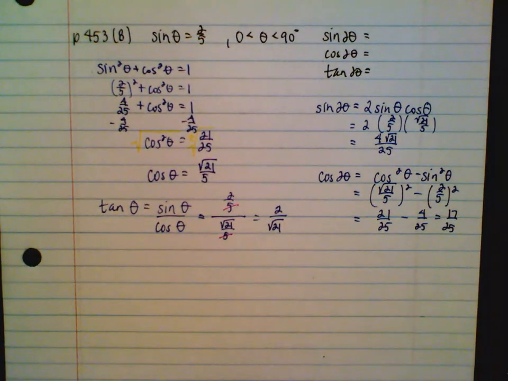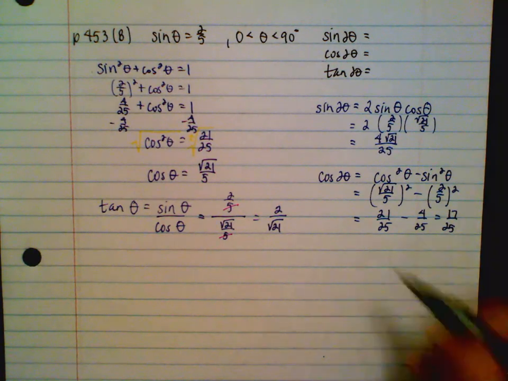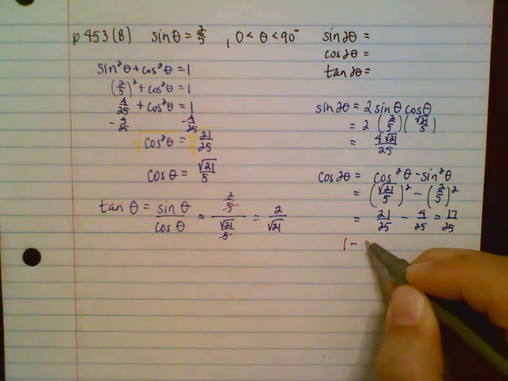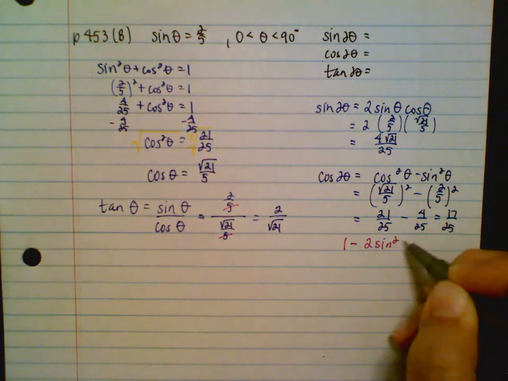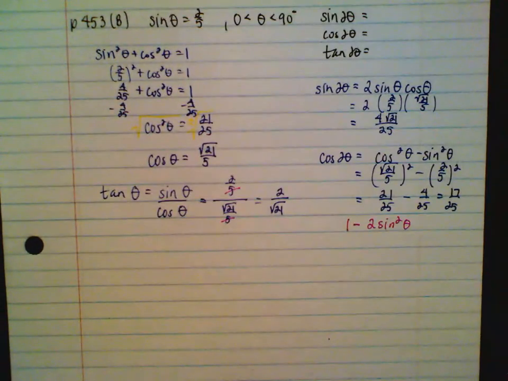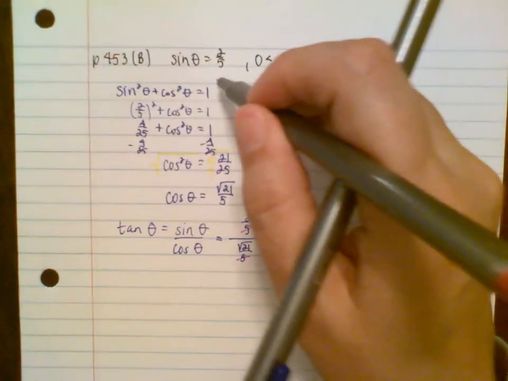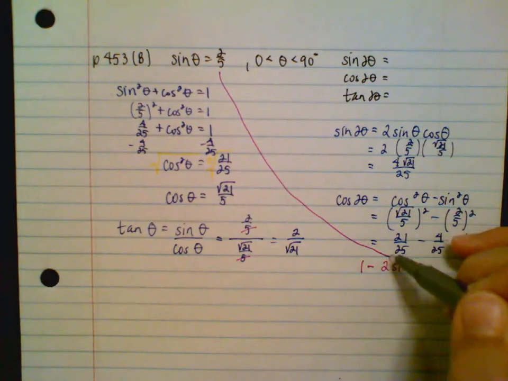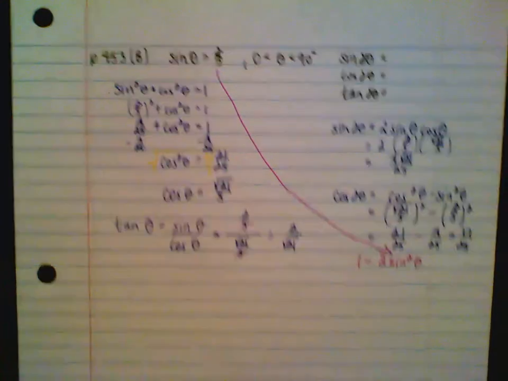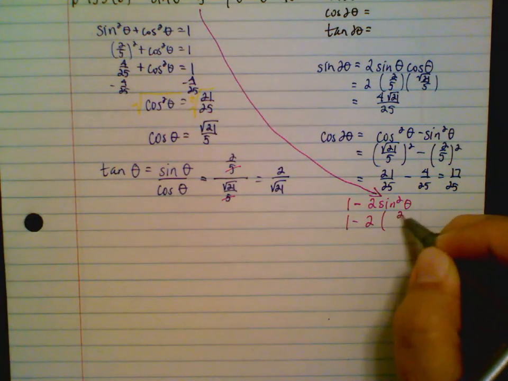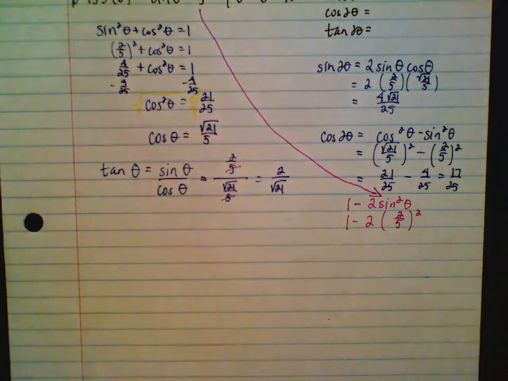I mean, I really thought, okay, let's do this one. Yeah, let's do it. We can also say it's 1 minus 2 times the sine squared theta. Why would I use that one? Because it's given to me way up here. And sometimes I don't trust my work. So let me use a sure thing. So this is 1 minus 2 times 2/5 squared.